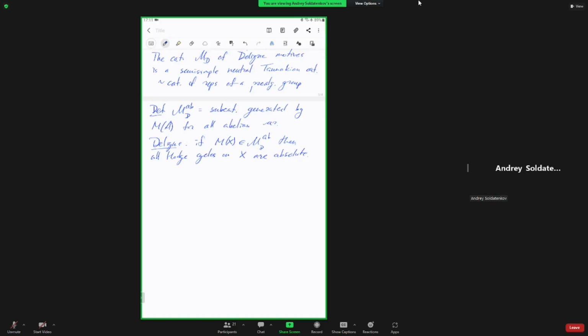Yeah, so, how do we prove that the motif of something is abelian? Usually one can apply some geometric constructions. One can prove for some simple varieties, for example, for curves, the motifs are abelian. For K3 surfaces, it was proved, I guess, by Deligne, that the motifs are abelian also.